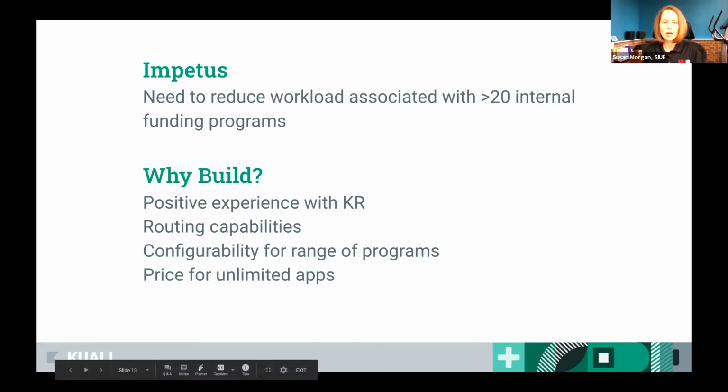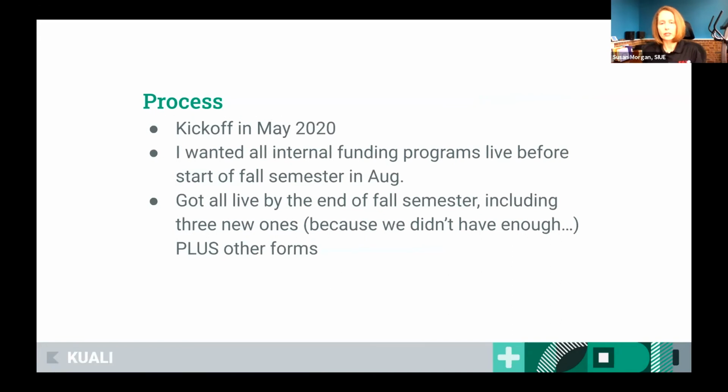So our actual process itself, we kicked off in May of 2020, so we were in the pandemic when we started this off. I wanted all of the internal funding programs live before the start of our fall semester in August. And I knew that was ambitious.